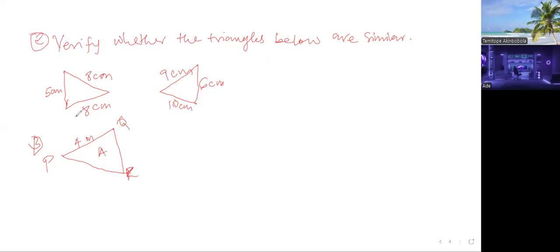Yeah, sorry, please. So you have PQ to be 4, and you have angle P to be 35 degrees. Then you have QR to be 3 meters. So that's shape A. Then you have triangle B. This place is 12 meters. X, Y, Z. And this is 35.